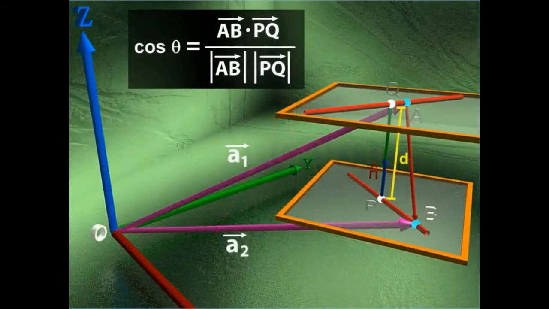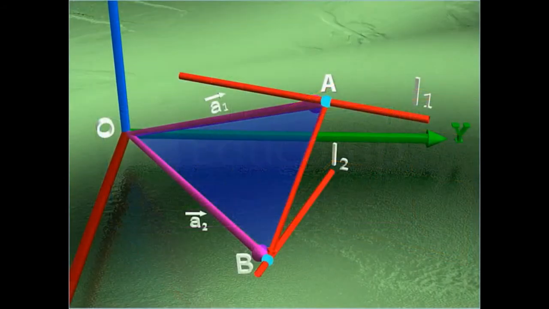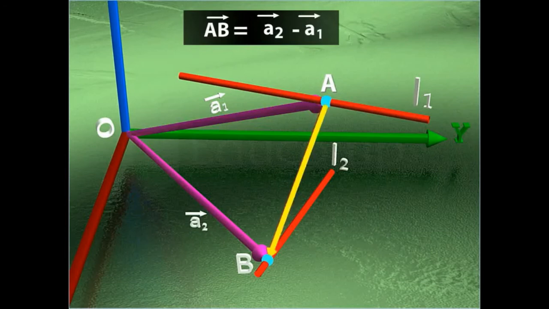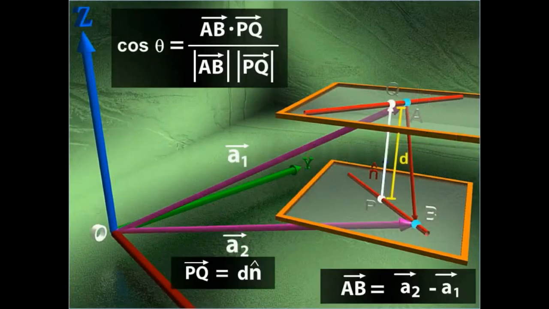In triangle OAB, applying the triangle law of vector addition, you get vector A2 minus vector A1 is equal to vector AB. Also, vector PQ is equal to d n cap and its magnitude is equal to d.